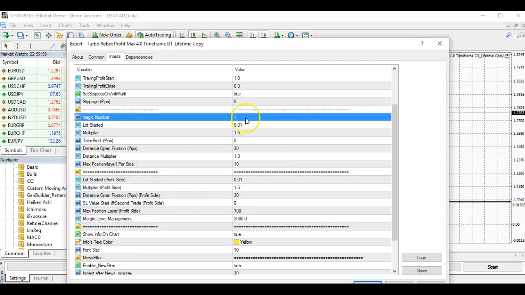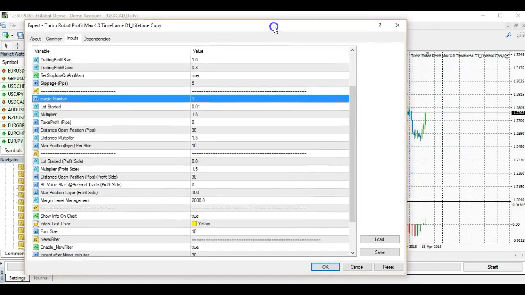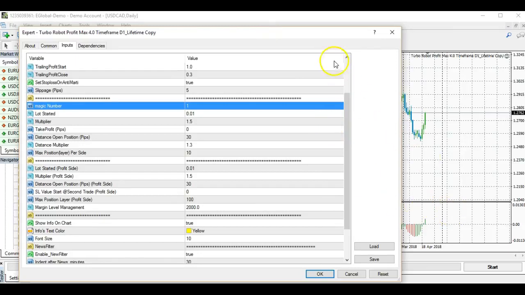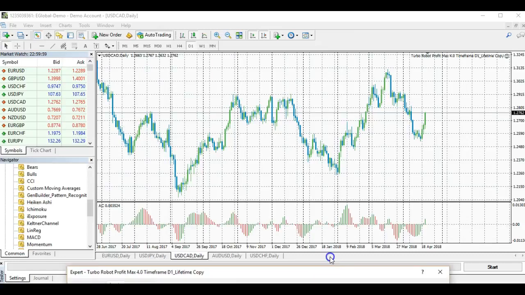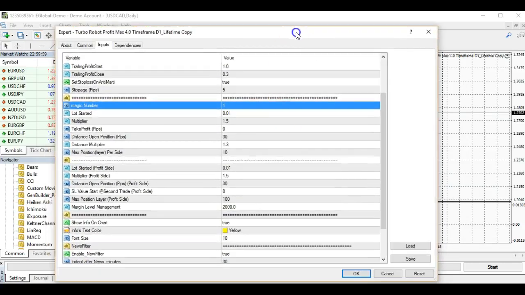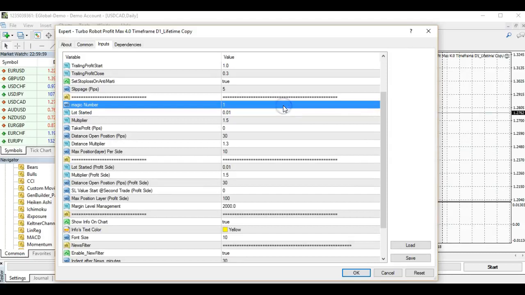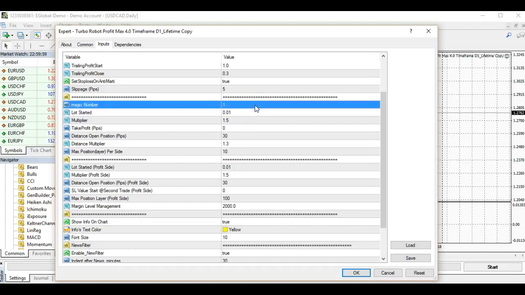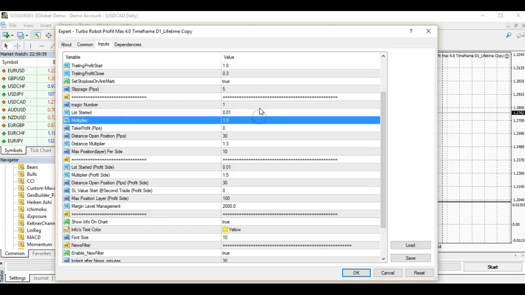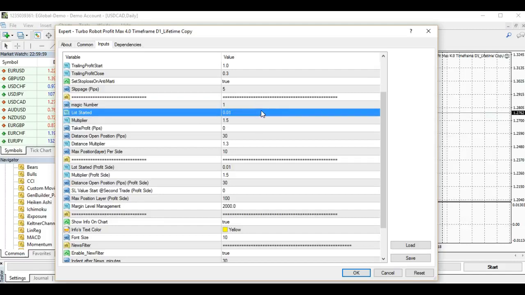All right, first is the magic number. The magic number will determine your currency pairs. Like this one here, you have a few currency pairs, and it is mainly used in the accounts also. So let's say you put 1 on the Euro US dollar, because you don't want it to mix up with the other EAs you are using on other currencies.